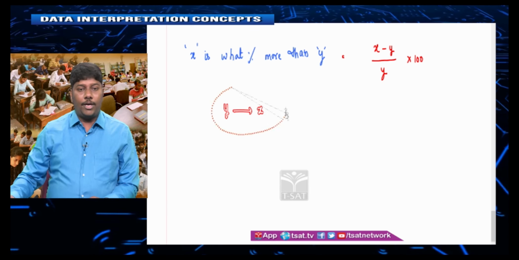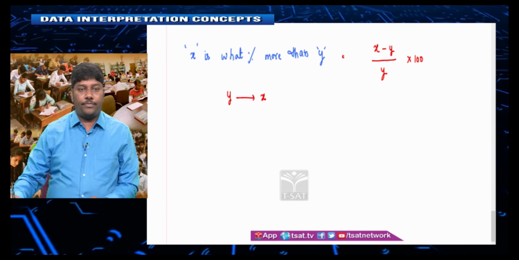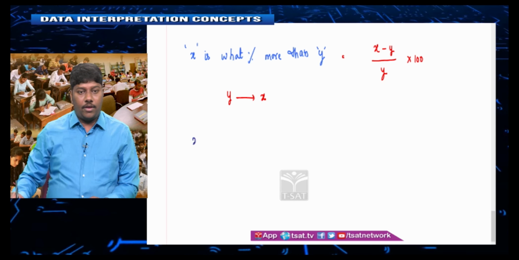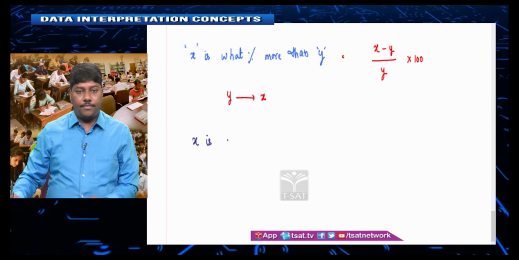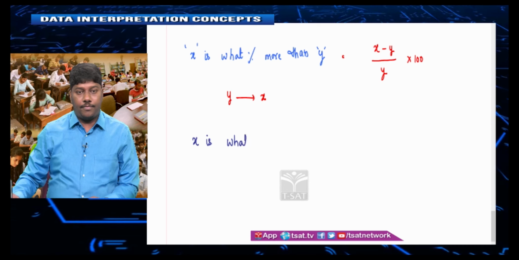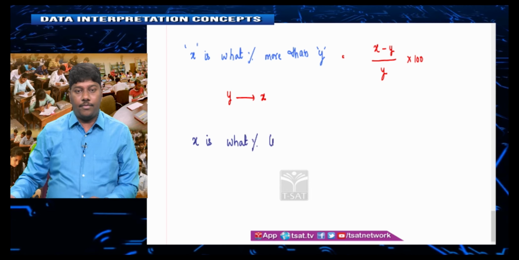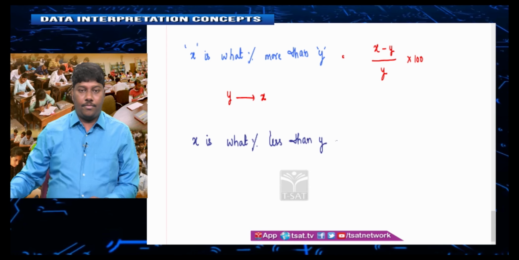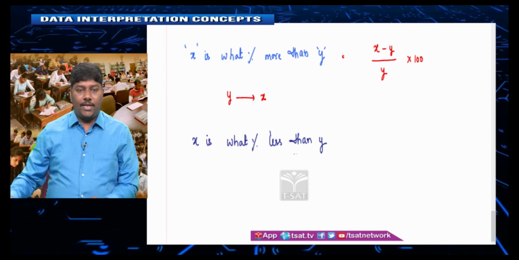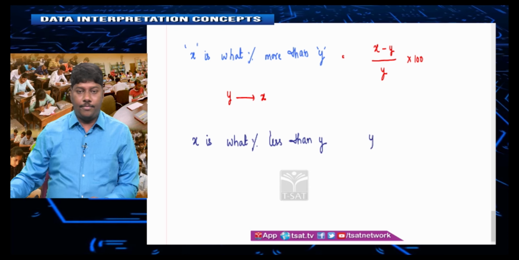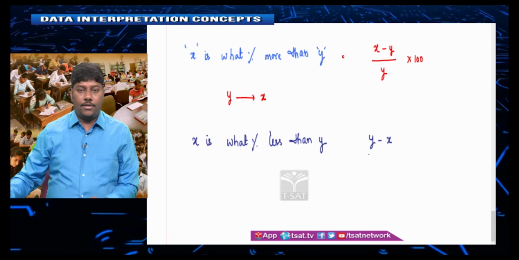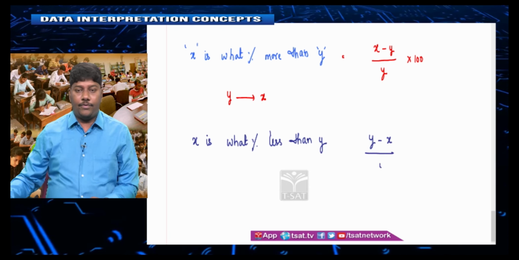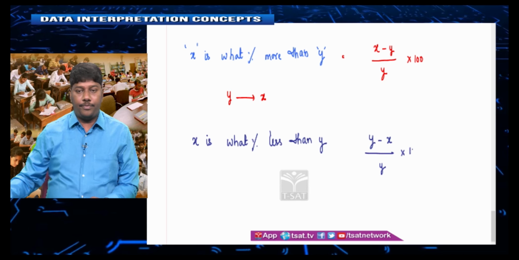If I say X is what percent less than Y, then you can say now lesser than Y, therefore Y is greater, Y minus X, but again you are comparing it with Y into 100.